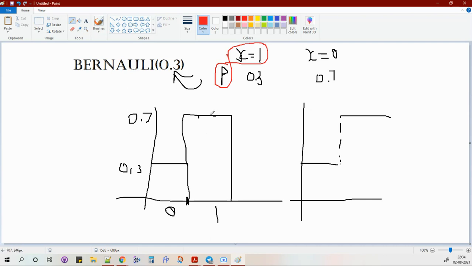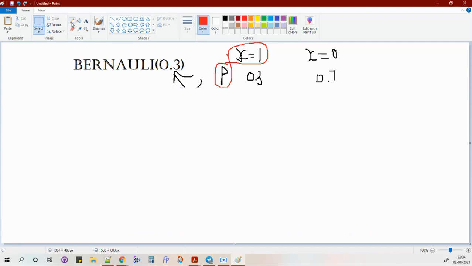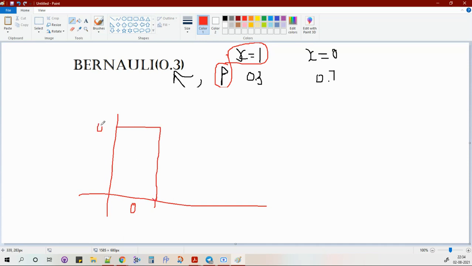So the p value that we are showing here is for the success event, and this whole thing will go in the bin now. By default, if I say p, it's for x equal to 1. So how do we now draw it? For 0, the probability is 0.7, and for 1, the probability is 0.3, like this.